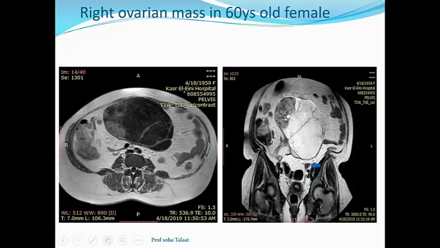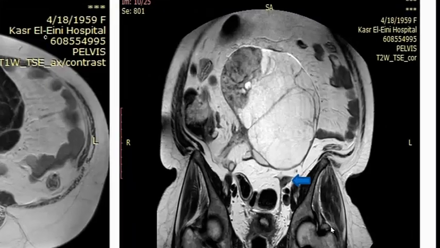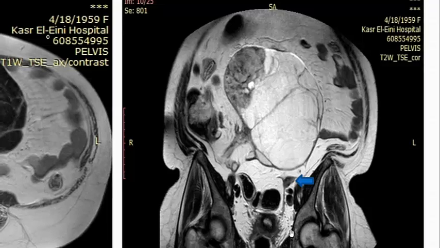And then we have here the other ovary. Although she is postmenopausal, we can see the ovary by its landmark. Here is the ovary, with a few follicles inside, or not follicles because this is T2. It is ellipsoid or almond in shape, and here the internal iliac vessels are seen lateral to it.